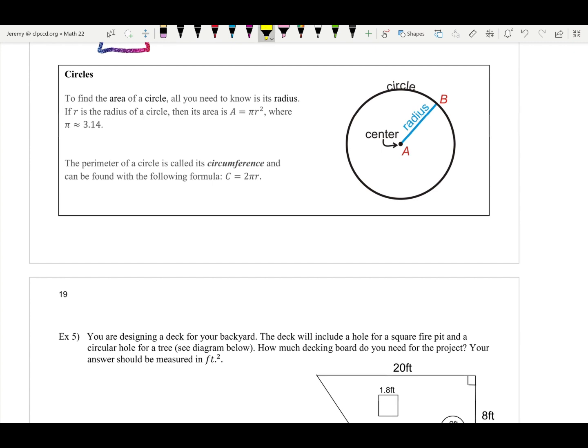The area formula for a circle is A equals pi r squared. That probably sounds familiar. And the perimeter of a circle, it has a special name. We call it circumference. And the formula for circumference is 2 pi r. So the circumference and the area, to find that for a circle, all we need is the radius.